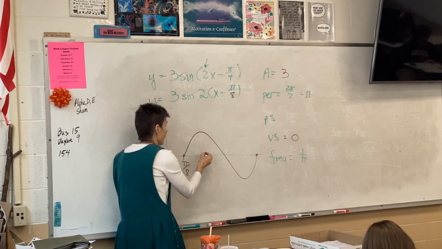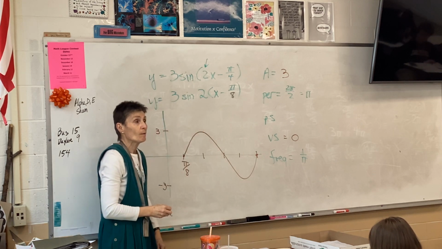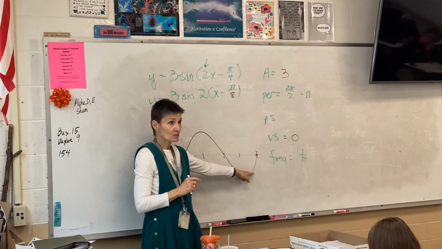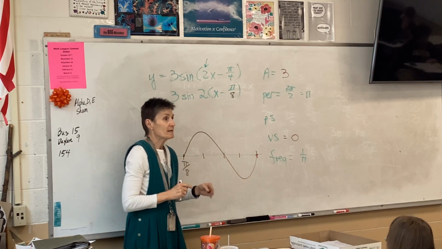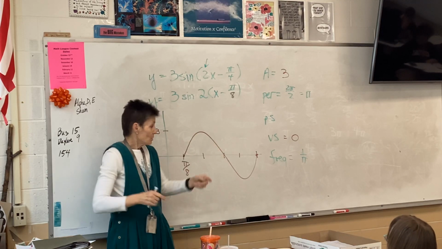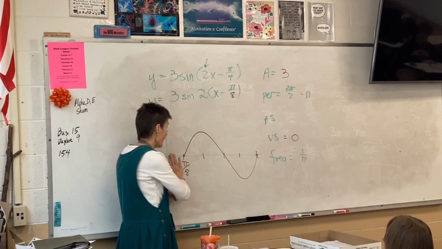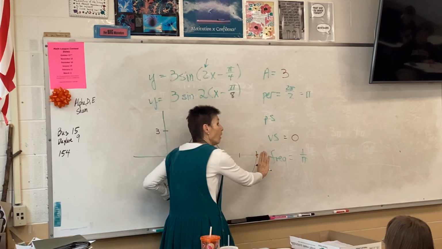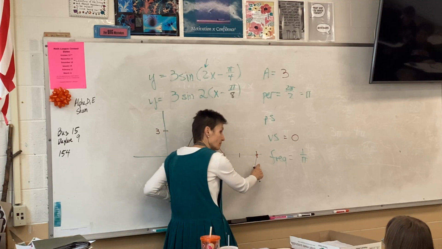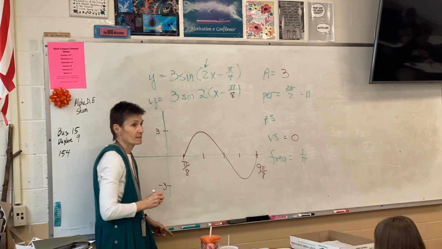And now I have to find these labels. Now you will do that however you want. For me, it's usually easiest to find the last one first, because I know the period is pi. So I'm starting at 1/8, and I'm moving a whole pi. So what is 1/8 plus 1? 9/8. 1 and 1/8, or 9/8.